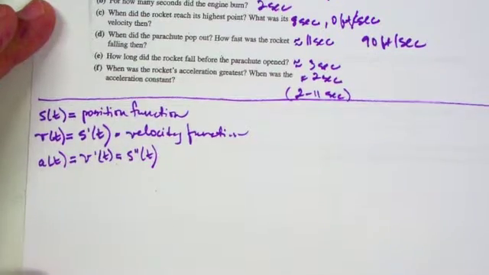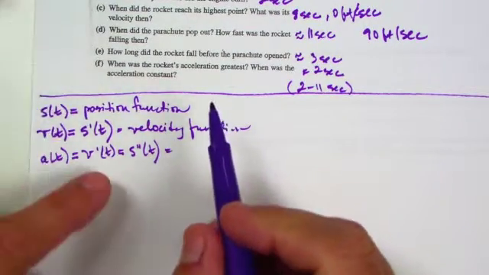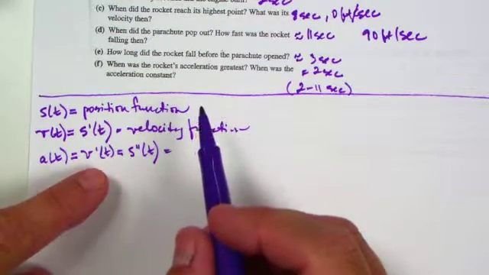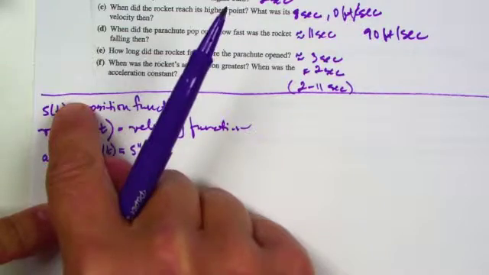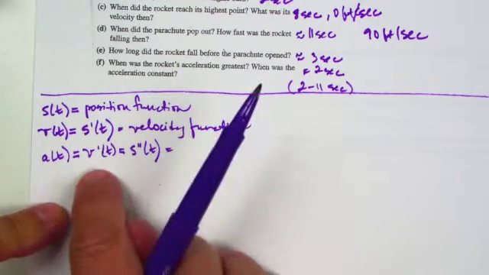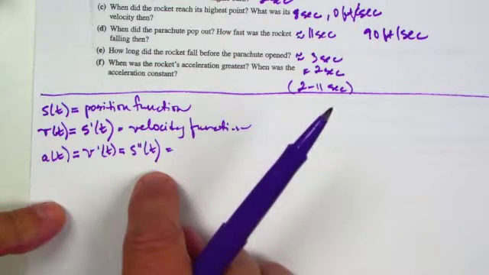That's exactly right. Can you explain the double prime? That's taking the second derivative. So if velocity is the derivative of position and acceleration is the derivative of velocity, acceleration would be the second derivative of position.